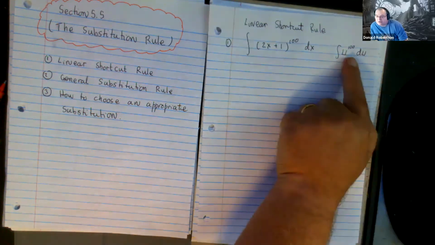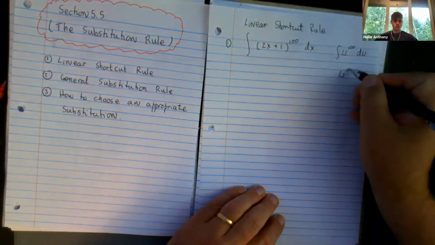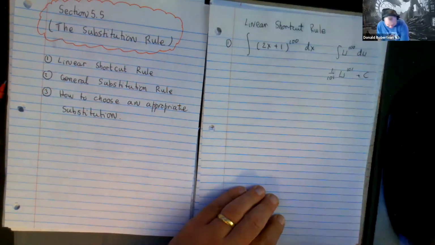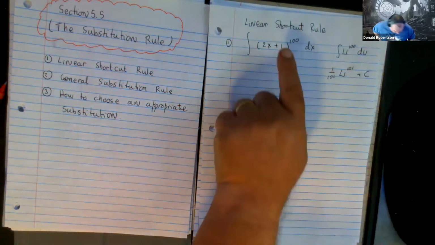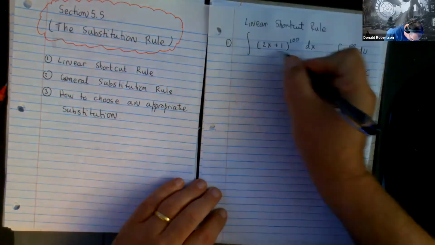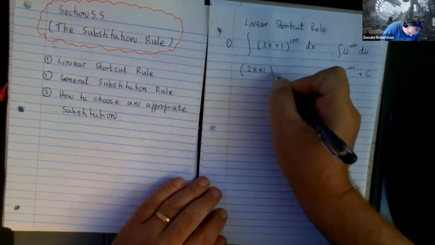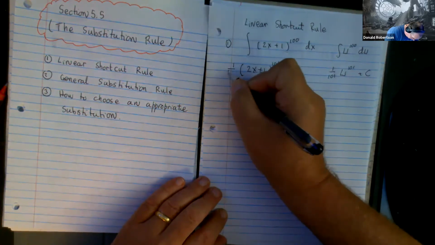We know how you integrate this. Isn't this the power rule? Great. So you add 1 to the power and you divide by the new power. That looks good, right? Now, how am I going to apply that? Well, you treat 2x plus 1 as a complete object, and so you add 1 to the power and then you divide by the new power.